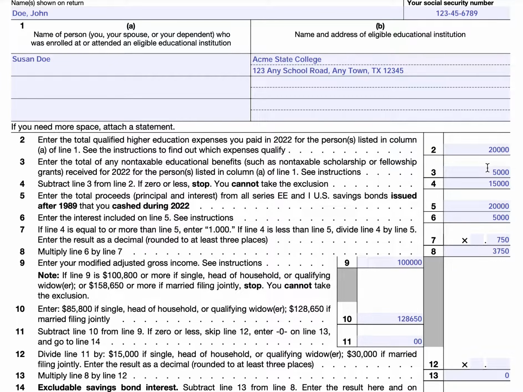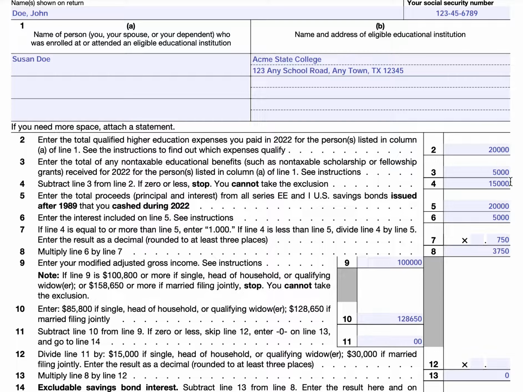So in line 7, if line 4 is equal to or more than line 5, enter 1.00. So line 4 is actually less than line 5, and happens to be exactly 3/4 of that amount. So we had qualified education expenses that are 3/4 of the amount of our savings bonds that were issued during the tax year.